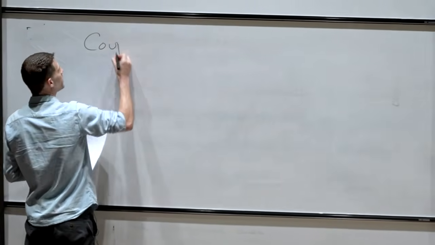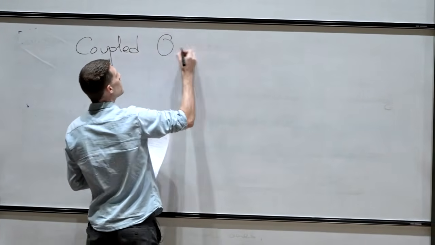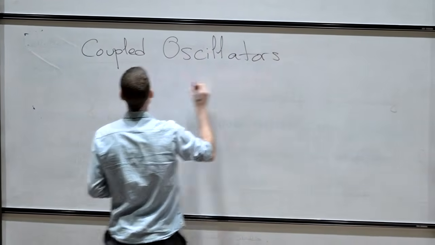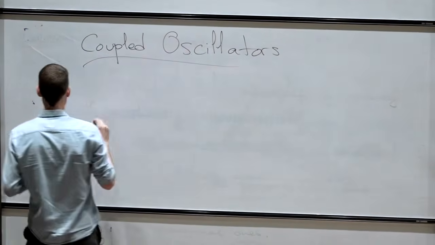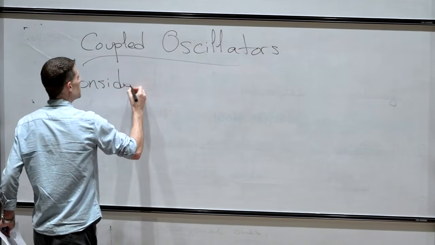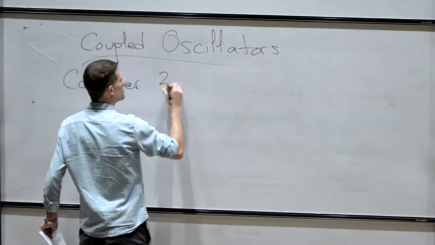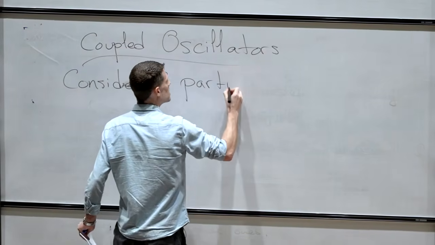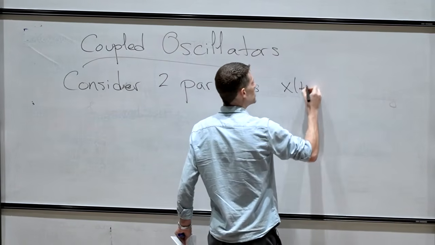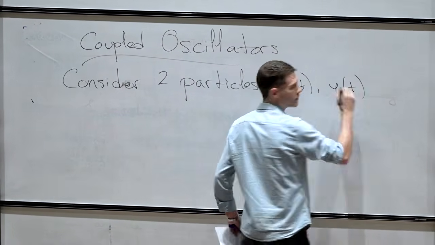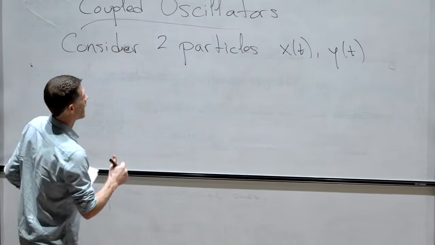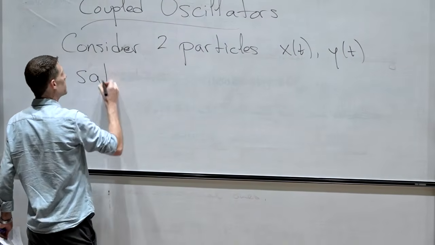and talk about coupled oscillators. So the generic system is we consider two particles in 1D still, so we'll call their positions just x of t, y of t, such that they satisfy Newton's second law.